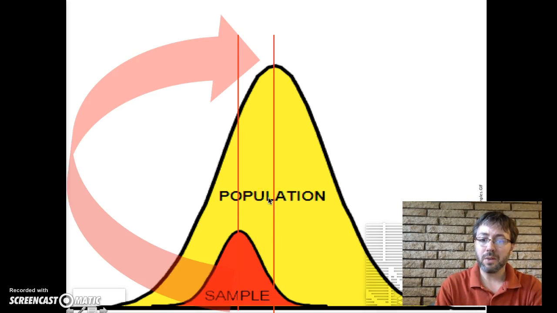So the relationship between the population and the sample is designed such that the sample could speak to the population as a whole. So this is where inferential statistics come in. Inferential statistics are when we're trying to make an inference or a conclusion about our population based on a sample.